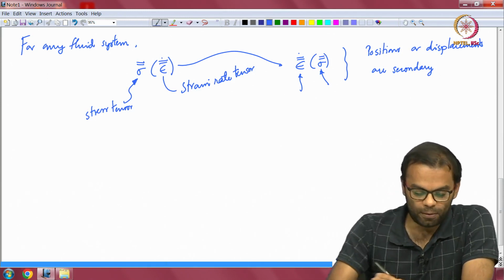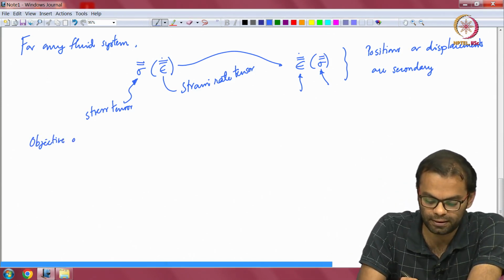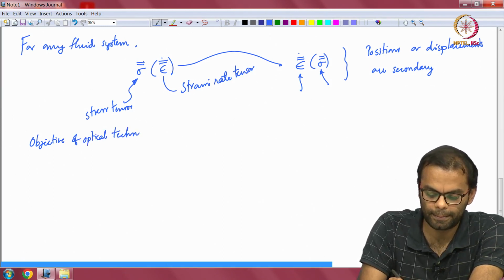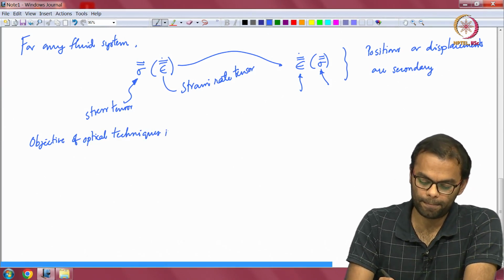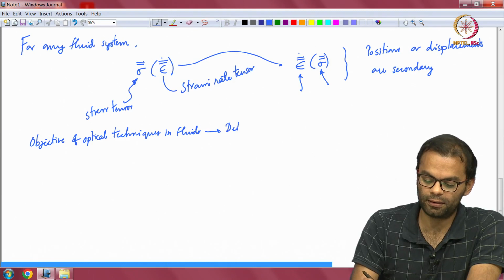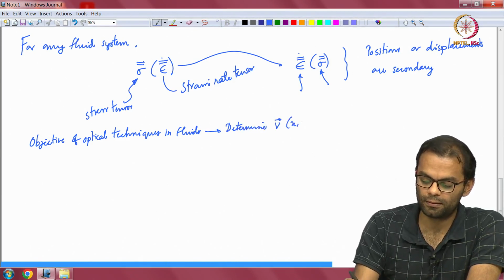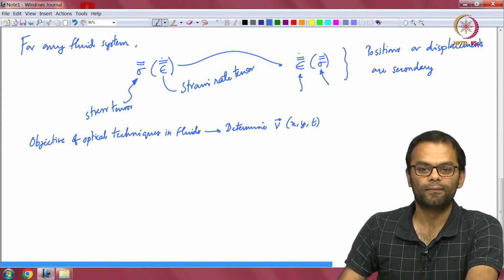So, the main objective of most optical techniques in fluids is to determine the velocity, okay.